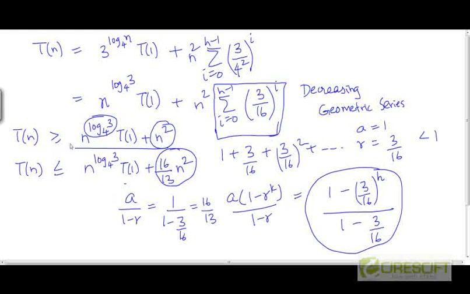So we can say that T of n is greater than or equal to this expression, which in turn will be greater than or equal to some constant times n square, where we can choose this constant c to be a number like half, because here the coefficient of the highest order term is 1.